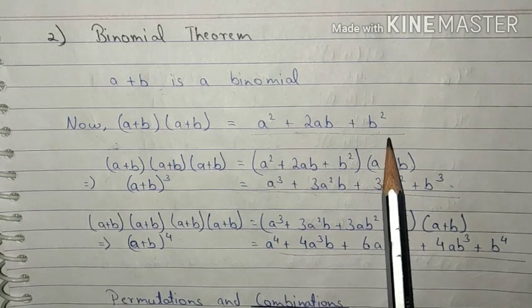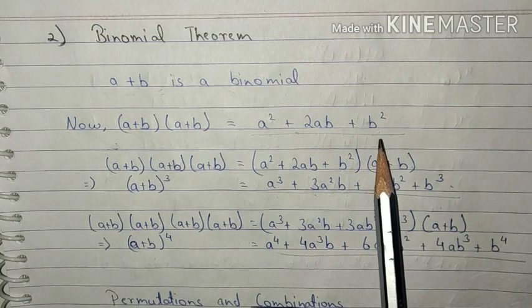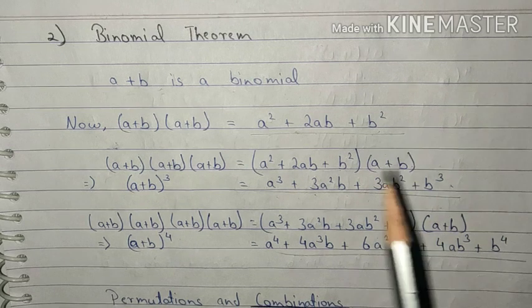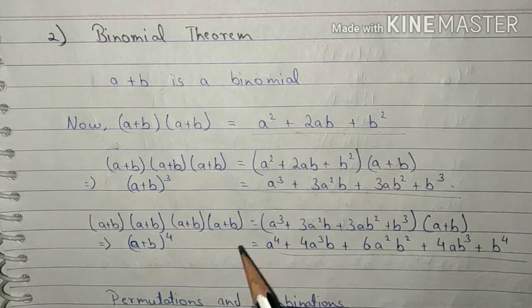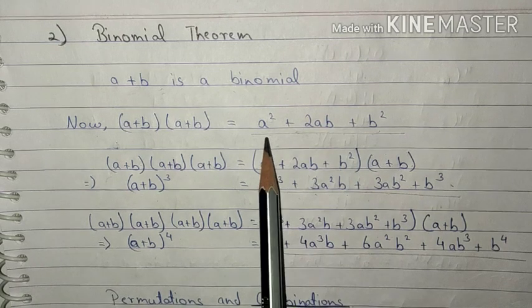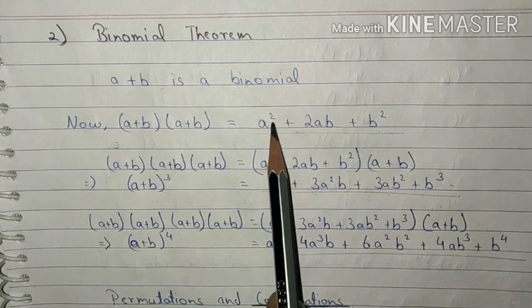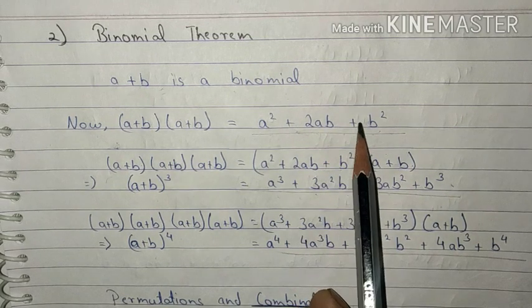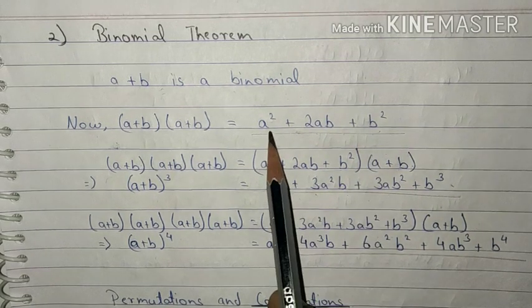In the last term the maximum power is on the second variable, that is B square. And in between, what are we observing? When we are moving from left to right, the power on A keeps on decreasing, whereas the power on B keeps on increasing.